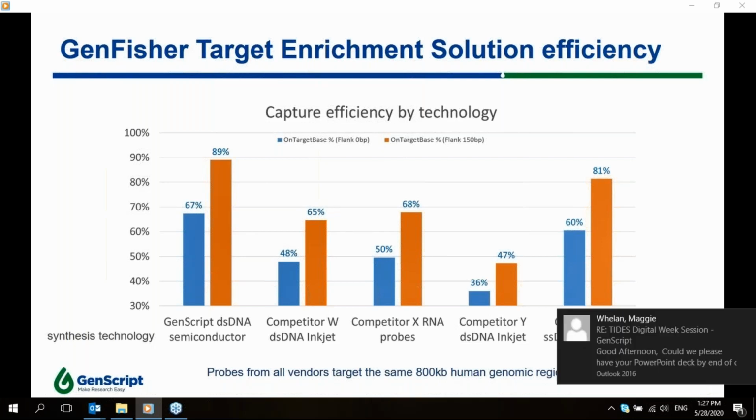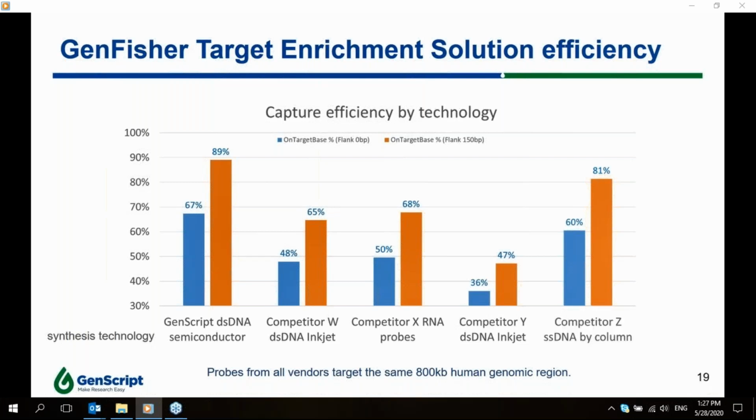Others gave variable but significantly worse capture performance. Although we acknowledge that the differences in capture performance will vary with the target regions, we believe this comparison still demonstrates that our semiconductor synthesis used for NGS probes is an excellent solution for NGS target selection.